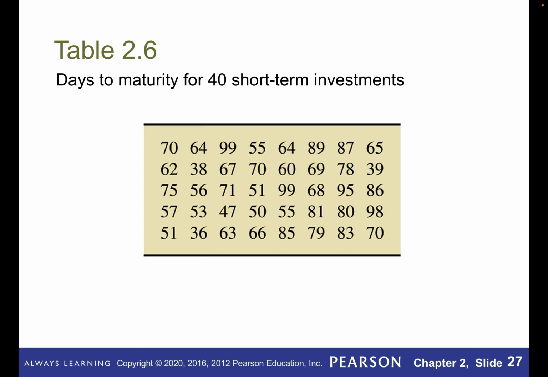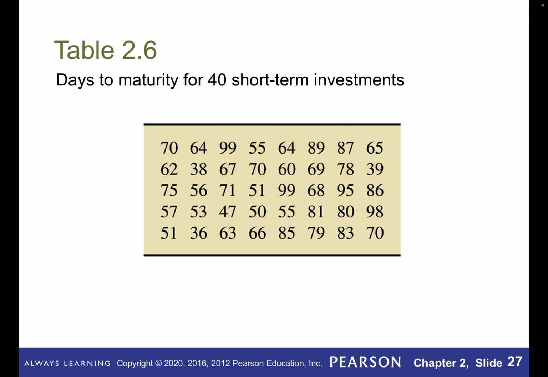So let's look at this example related to short-term investments. In particular, we're interested in the days to maturity for some short-term investments. And so you can see just by scanning the data, it looks like, let's see, what's the smallest? Maybe the 50, no wait, there's a 36.